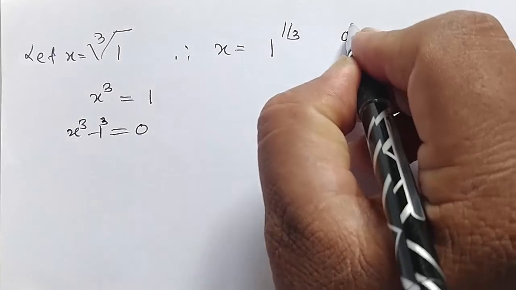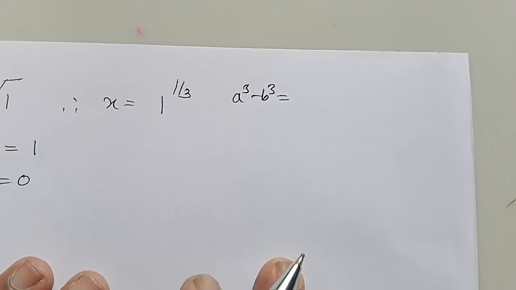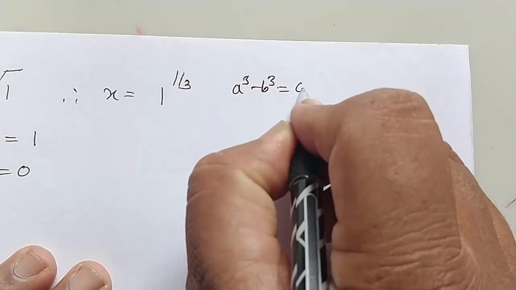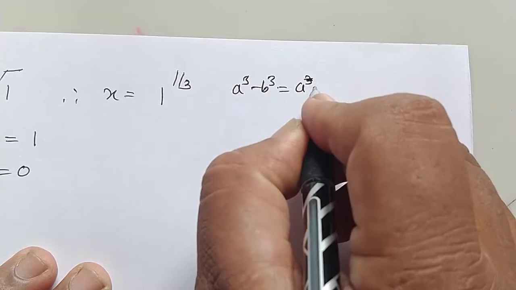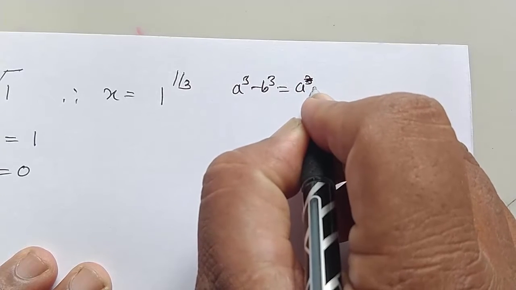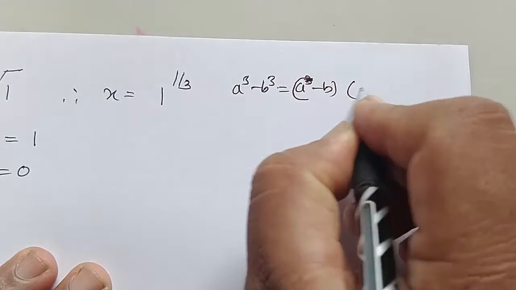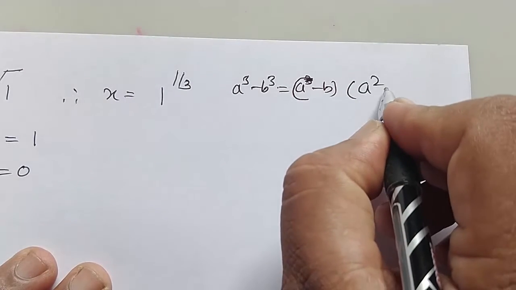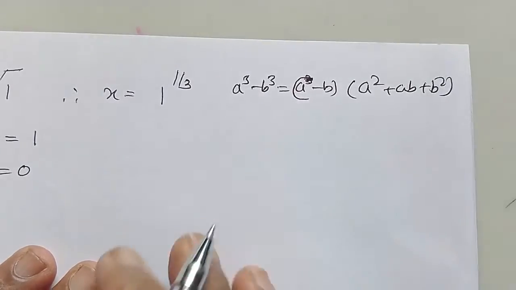We know that the factors of a cube minus b cube are: the first factor is a minus b, and the second factor is a square plus ab plus b square.